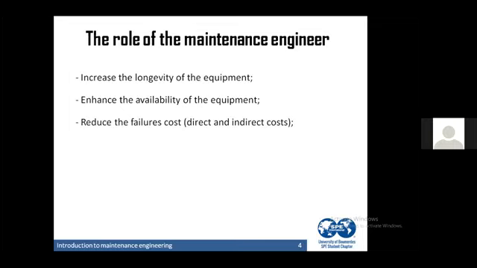The direct costs are the cost of salary of the maintenance team, the cost of spares, the cost of lubricant, energy, and the indirect costs are the cost of the non-productive periods. For example, if you maintain your equipment badly, we will have a lot of non-productive times.